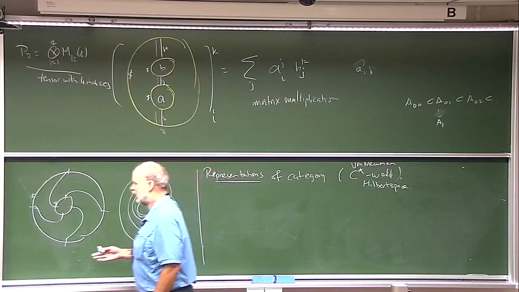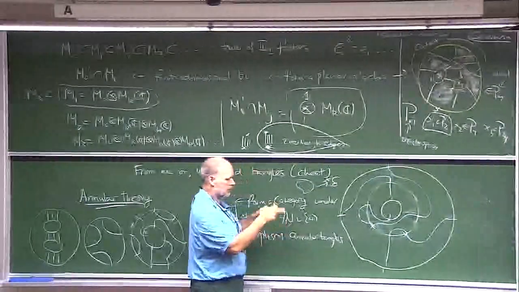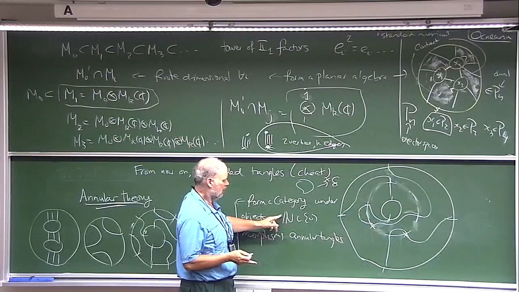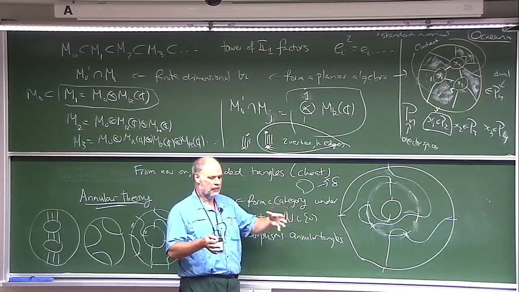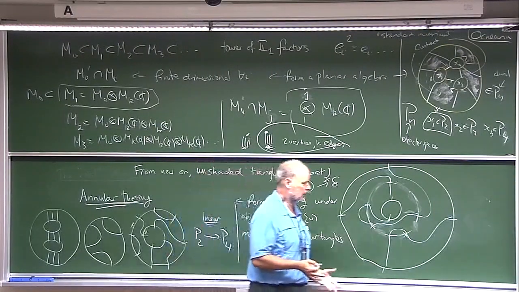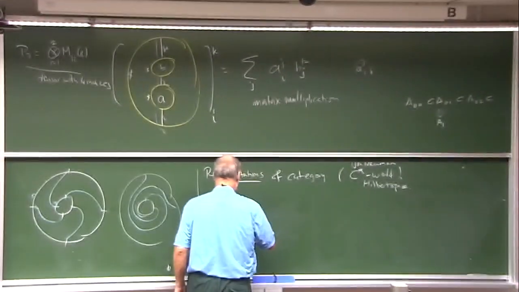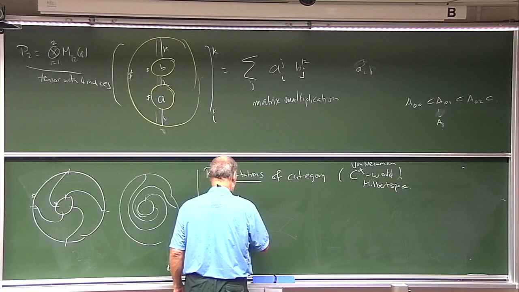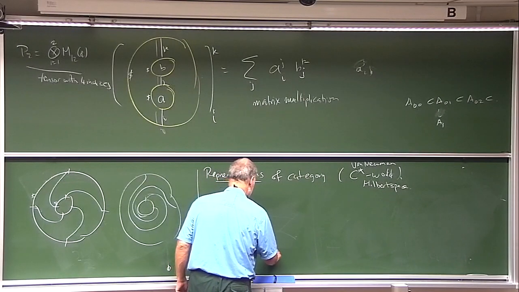So the category has objects for each integer corresponding to the number of boundary points divided by 2. It has morphisms for each one of these tangles. So therefore, a representation of this category, linear representation, is going to be a vector space V sub n for each n. And that's going to correspond to 2n boundary points.